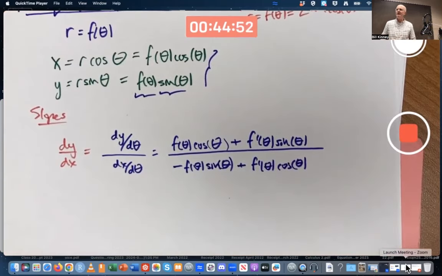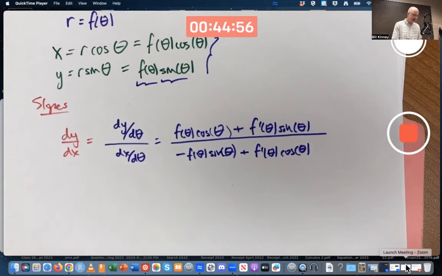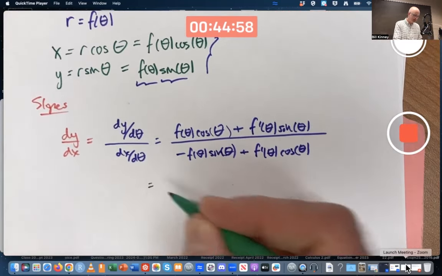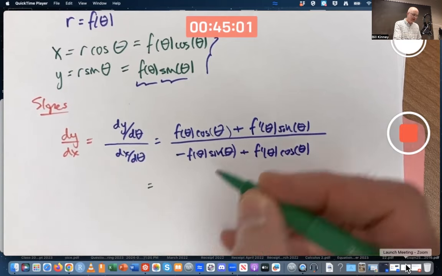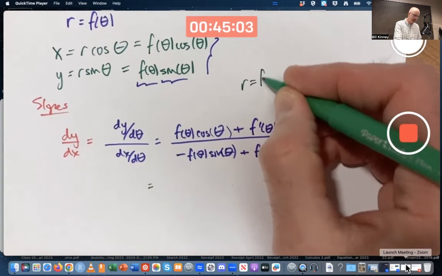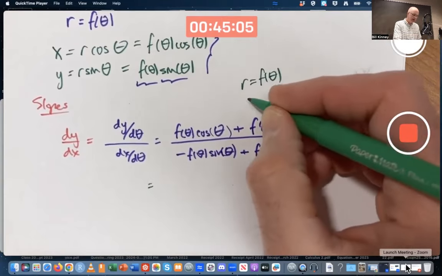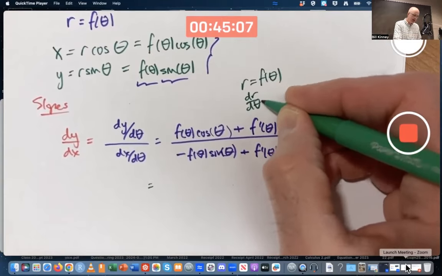It's going to be a little bit more convenient for us, at least initially, to write this in Leibniz notation and use the fact that r is f of theta. So dr d theta is f prime of theta.